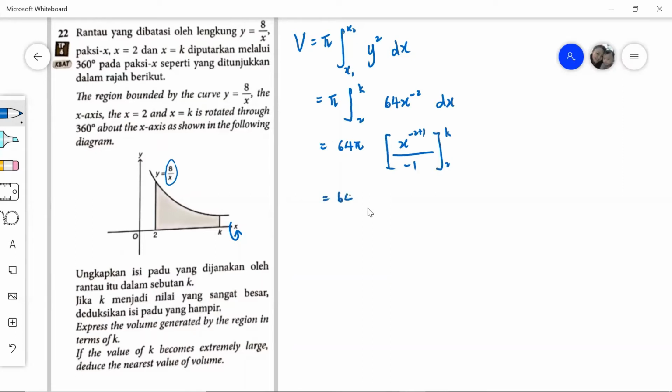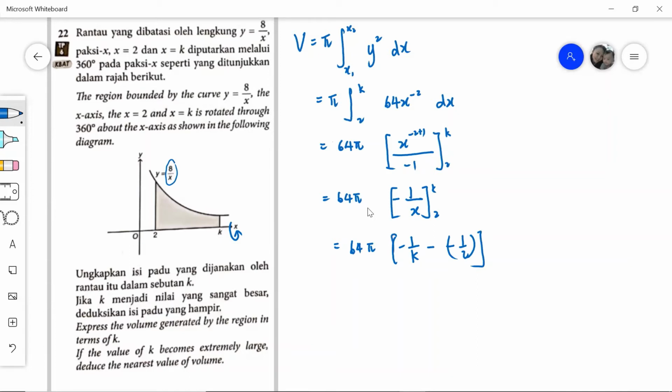So 64 pi, we have negative 1 over x. I write that properly first so that it's easier for me to substitute the boundaries in. So 64 pi, we have negative 1 over k minus negative 1 over 2.